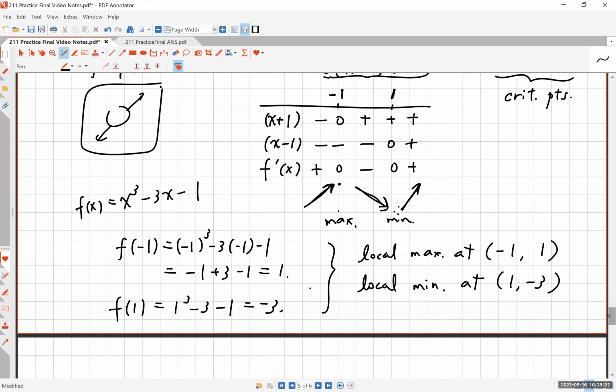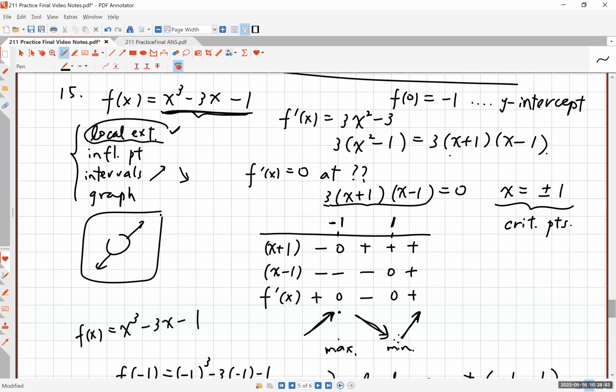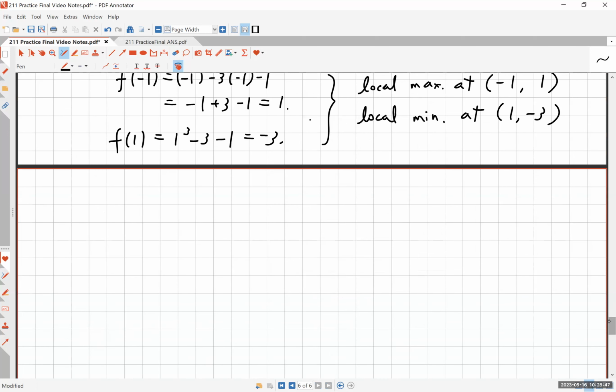All right. You could also use the second derivative test. In fact, because we have to find the inflection point, let's go ahead and take the second derivative. I found the first derivative, that's 3x squared minus 3.